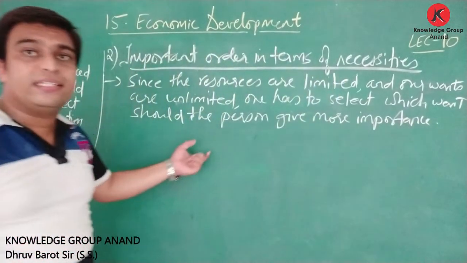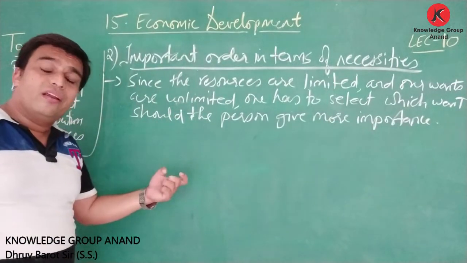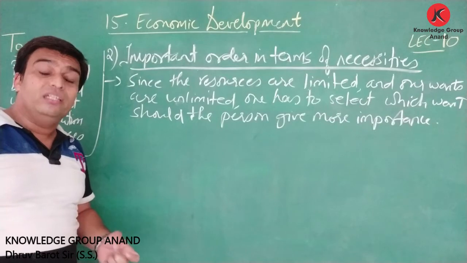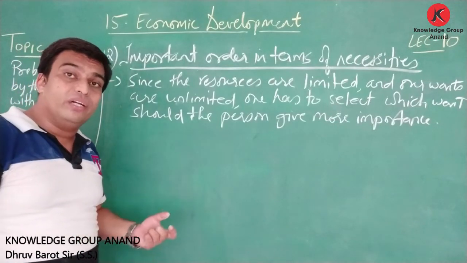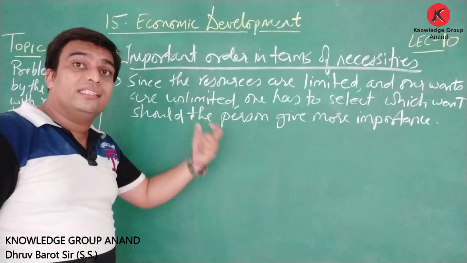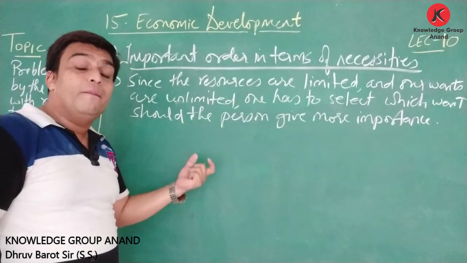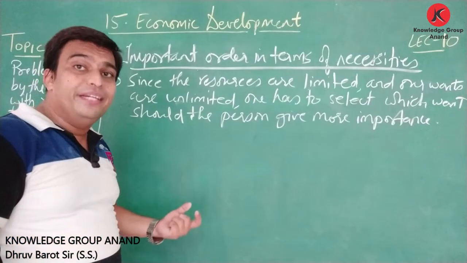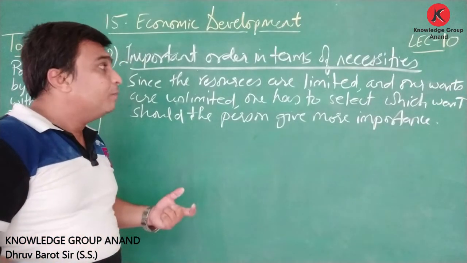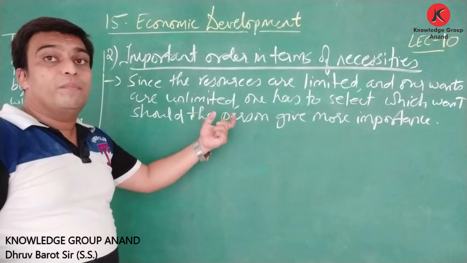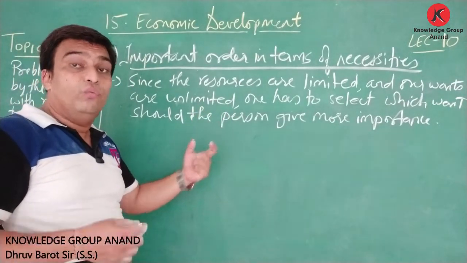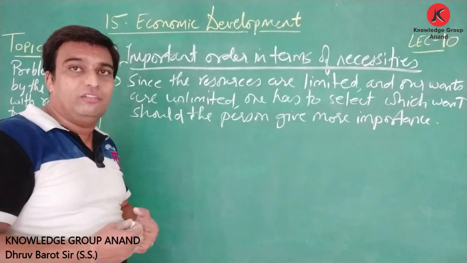Friends, as we all are aware, the resources are limited, as we learned in the 8th chapter, that resources are in limited quantity, while on the other side, as we learned in the previous point, our wants are unlimited. So this balance is not maintained, due to which any person has to select which want is more necessary for him.